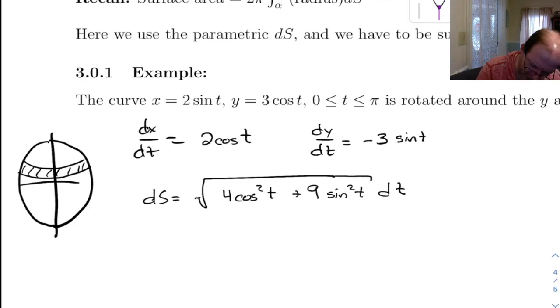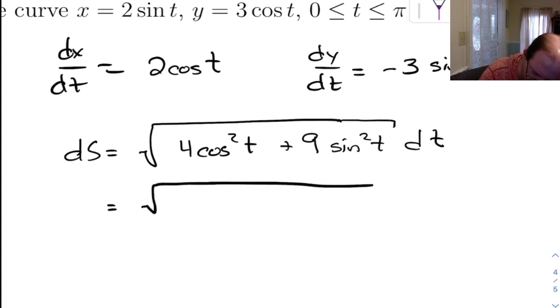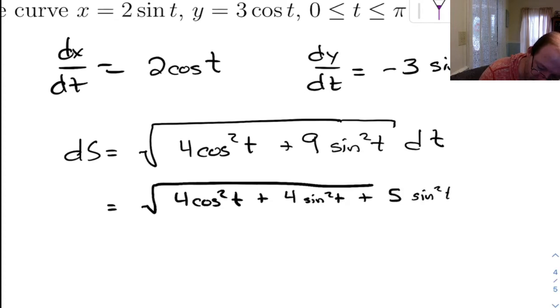And what about my radius? Actually, before I do that, is there anything I could do with this to make it any nicer? I'm not sure if this is going to make it nicer or not, but we could do this: 4 cosine squared t, and I'm going to break this 9 sine squared t into 4 sine squared t plus 5 sine squared t, dt.